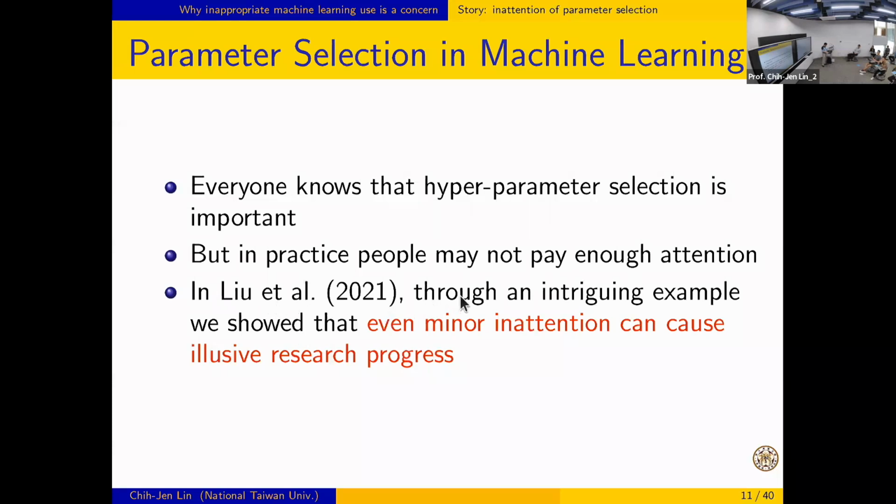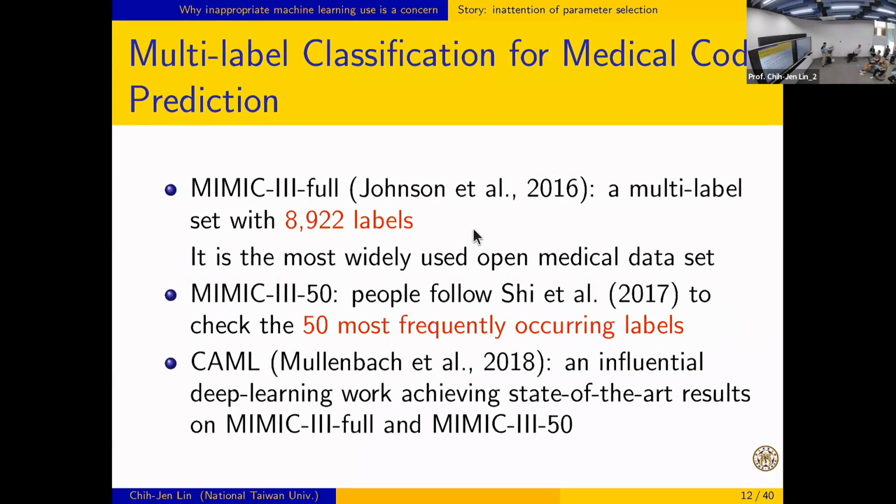In that paper, we show a very intriguing example. In that example, you can see that even some minor inattention can cause elusive research progress. So just some minor inattention, then there are some problems. Now let me tell you more details about this story.